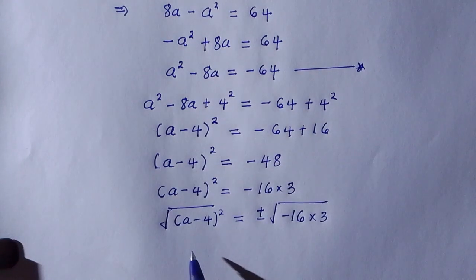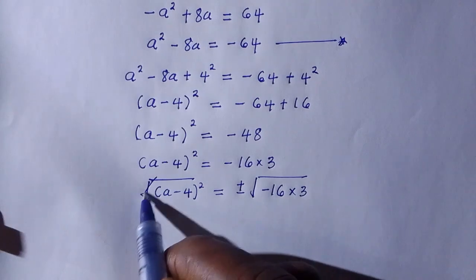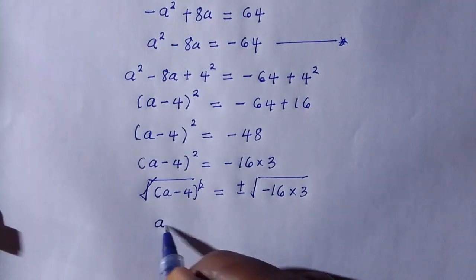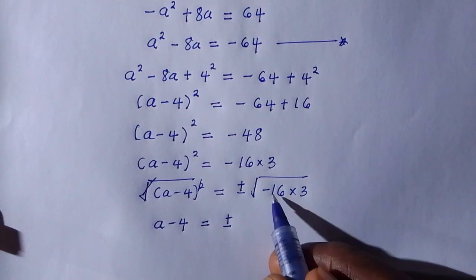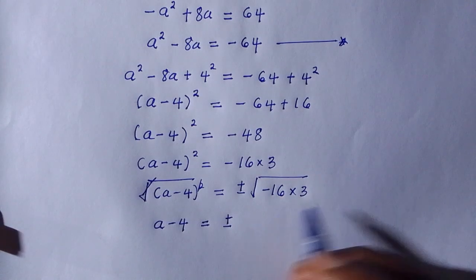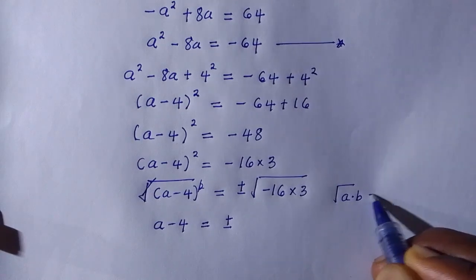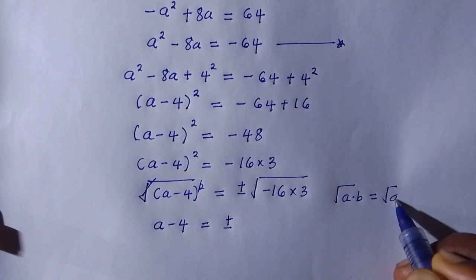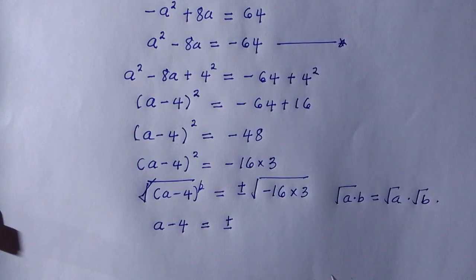So next, we cancel this, and we are left with a minus 4 equals plus or minus. We have to separate this according to this rule: if you have root of a multiplied by b, we consider this as root a multiplied by root b.